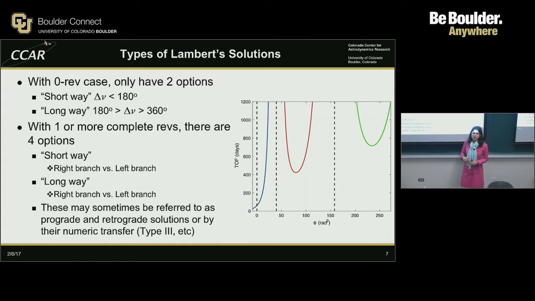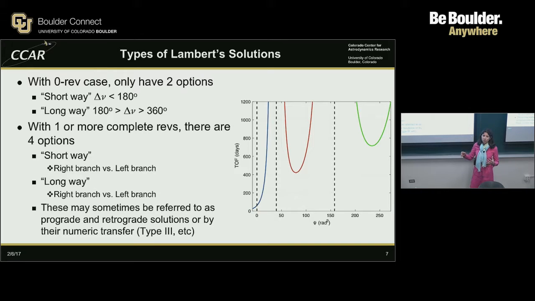So different books are going to use different nomenclature. Unfortunately, there's no set standard. So sometimes, like with the 0 rev case, we can refer to it as the short way or the long way, essentially type 1, type 2. But with 1 or more complete revolutions, there's basically 4 options. You can go the prograde way around, where it's the odd type transfer, like type 3, type 5.